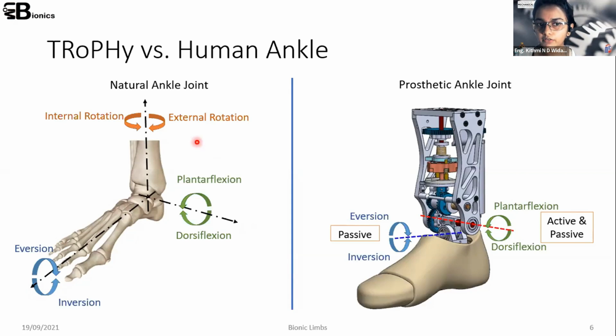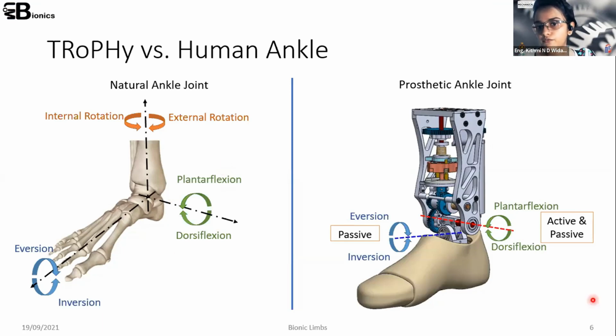So when we designed our project, one thing we understood is that the basic requirement in our design is walking. We first tried to develop a device which can be used for walking. When we think about walking, the basic movement that we need is plantar and dorsiflexion movements.